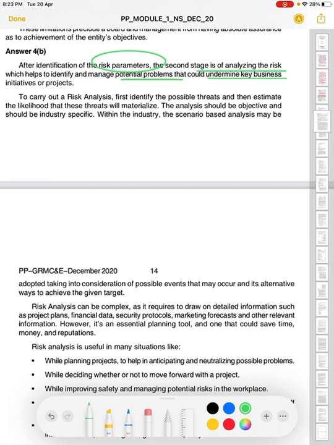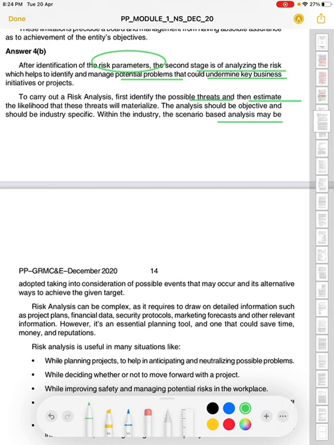To carry out risk analysis, first identify the possible threats, and then estimate the likelihood of these threats materializing. The analysis should be objective and industry specific. A scenario-based analysis may be adopted, taking into consideration possible events that may occur and alternative ways to achieve the given target.